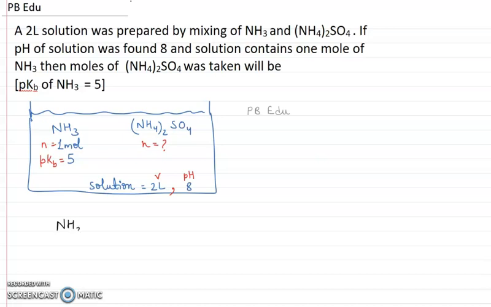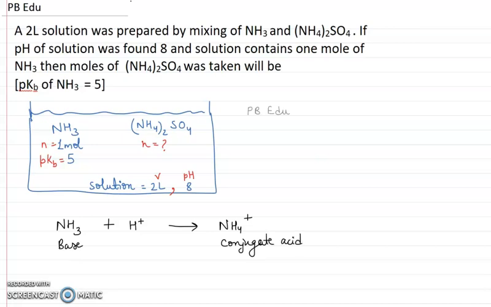Ammonia is a base when it abstracts a proton, using its lone pair. It forms NH4 plus. Ammonia is a base reacting with an acidic proton, so it forms its conjugate acid.